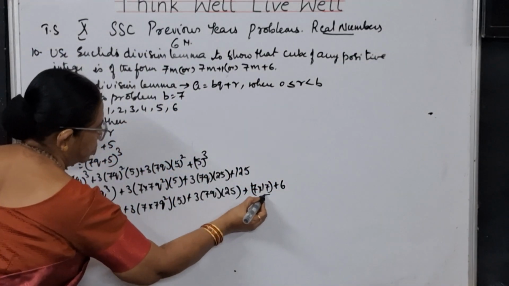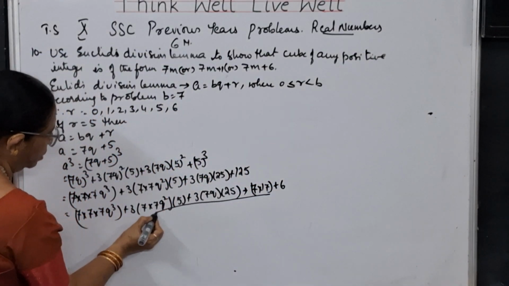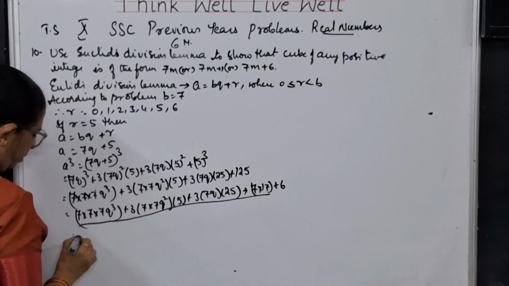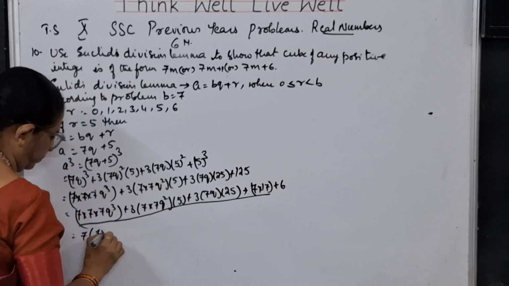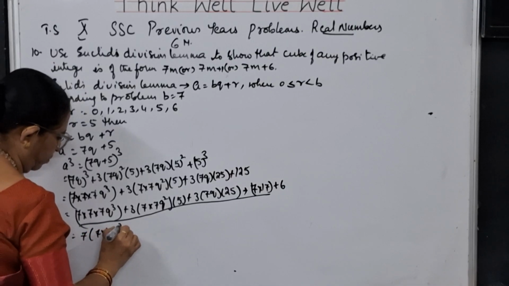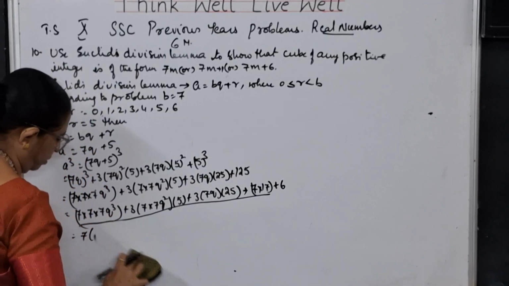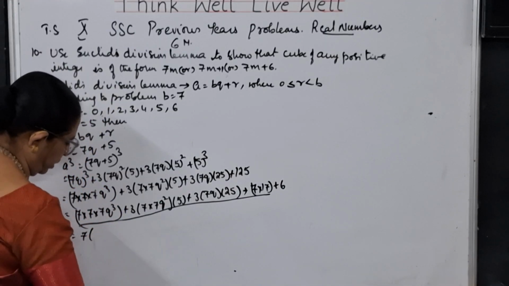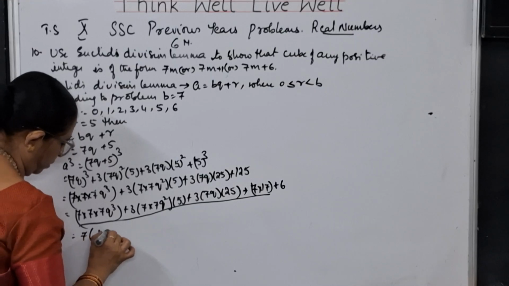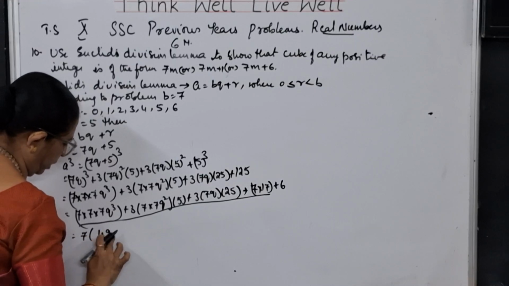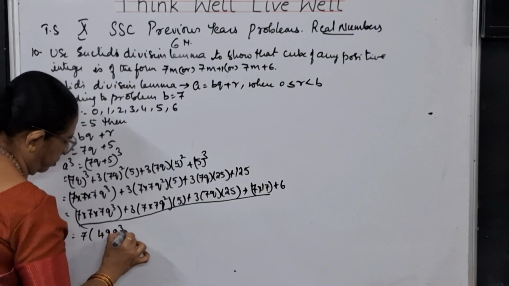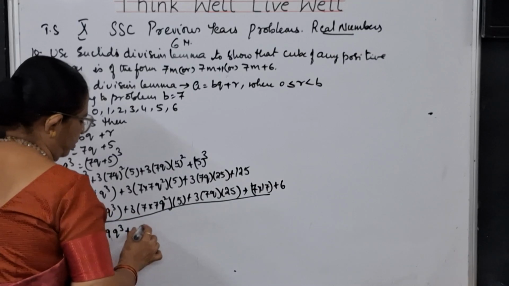Now these all can be taken as 7 into 7 into 7q cube, or I'll write it as 49q cube plus 7 is out.